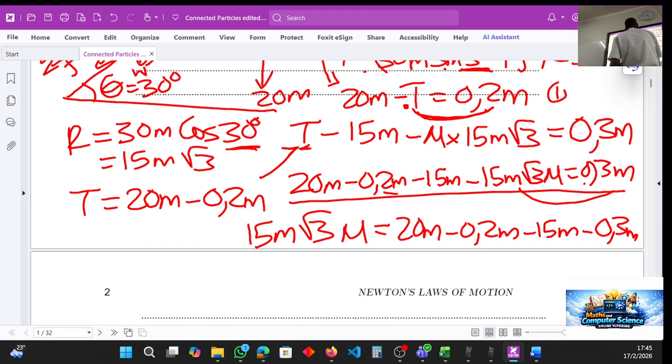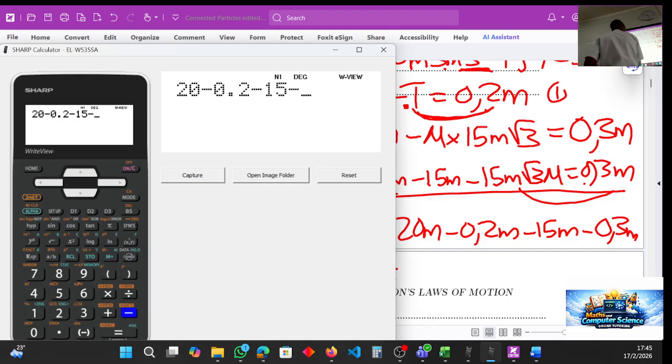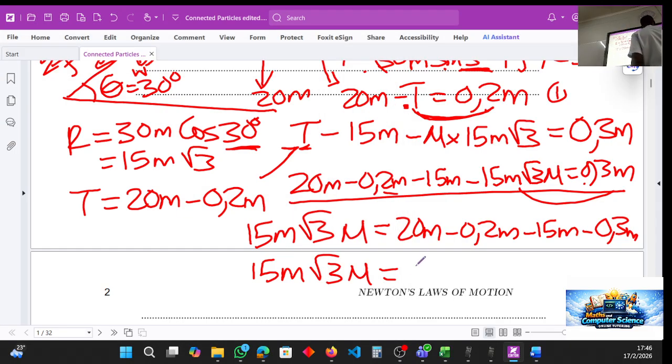I'm still simplifying: 15m root 3 mu is equal to, I'll need my calculator here, 20 subtract 0.2 subtract 15 subtract 0.3. All this gives me 4.5m.